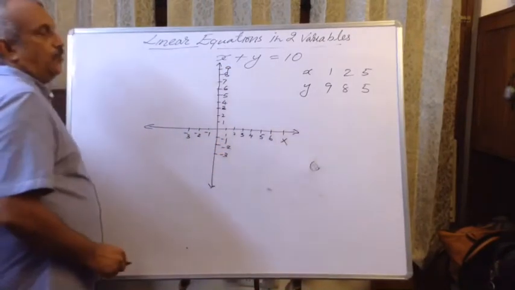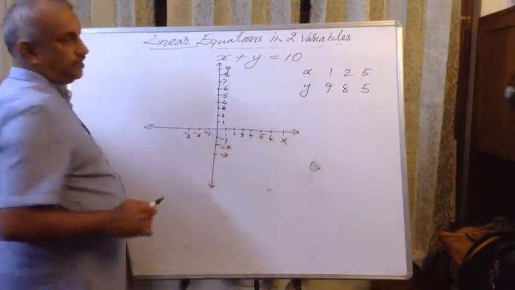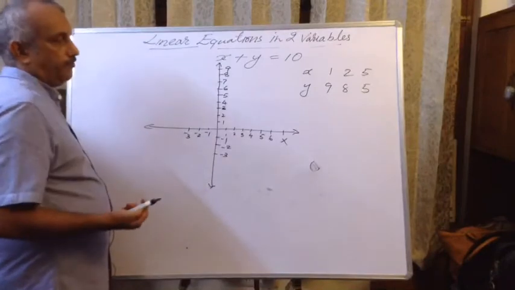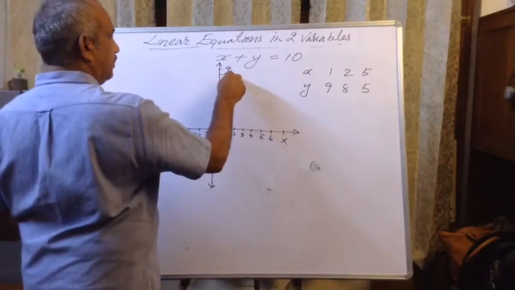Now if all the points are positive, you can make this quadrant bigger and the other quadrants smaller, no problem. Now x is 1, y is 9, somewhere here.